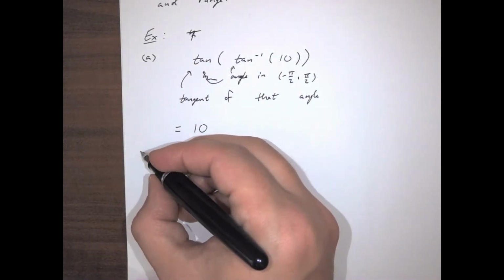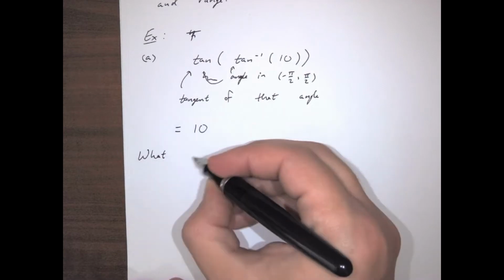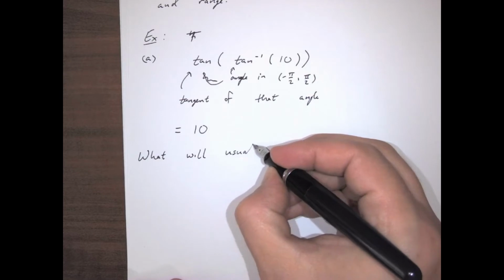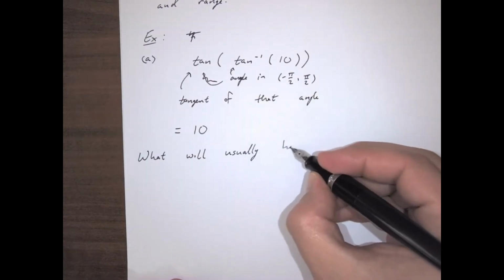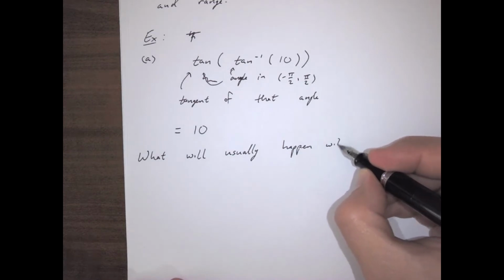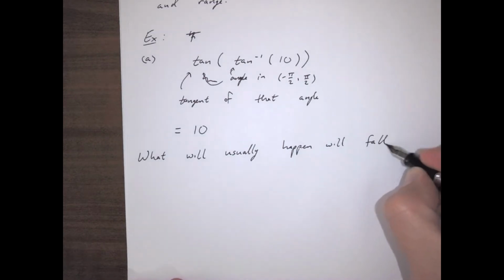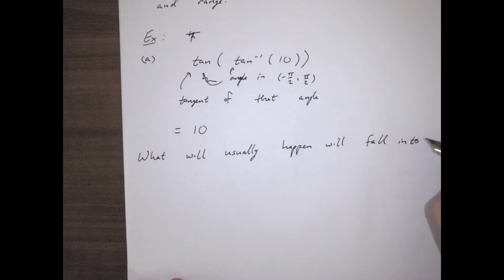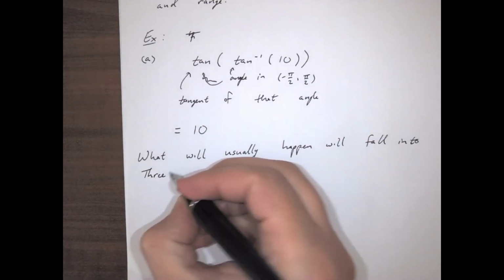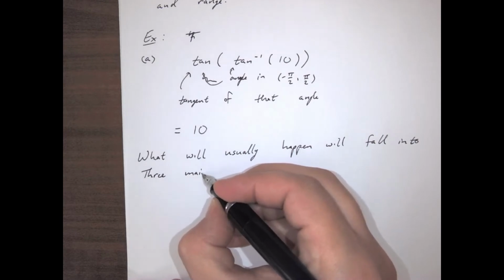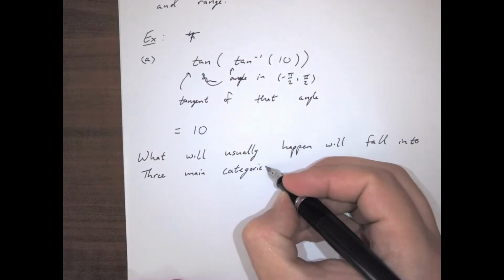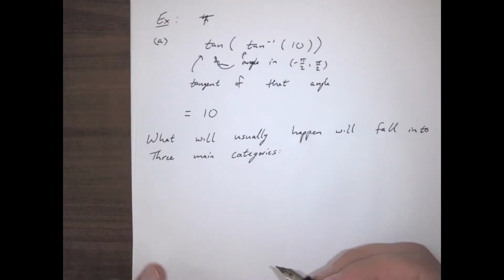What will usually happen falls into three main categories. Three main things can happen.